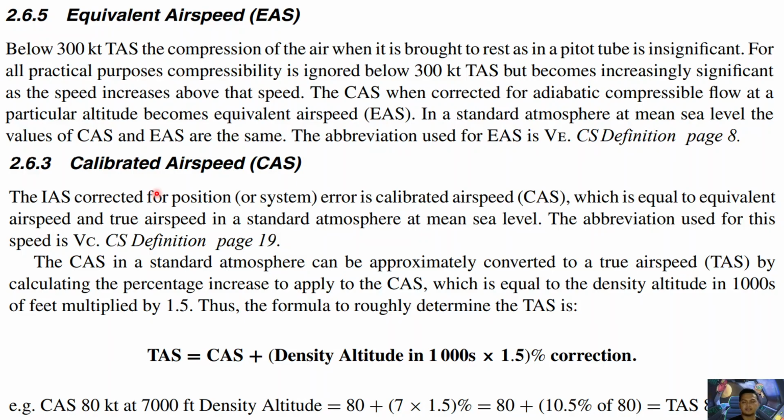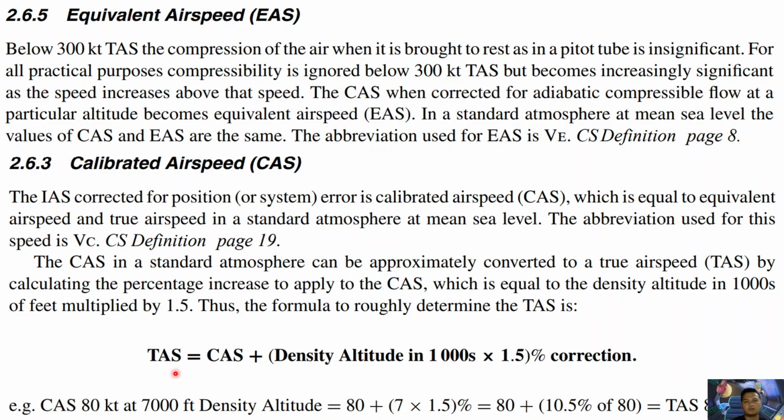So, it is indicated airspeed corrected for position or airspeed system error. So, this one is the basic conversion ng isang piloto when it comes to KS and CAS. No? Hindi siya applicable dun sa kaninang ginawa nating equation.